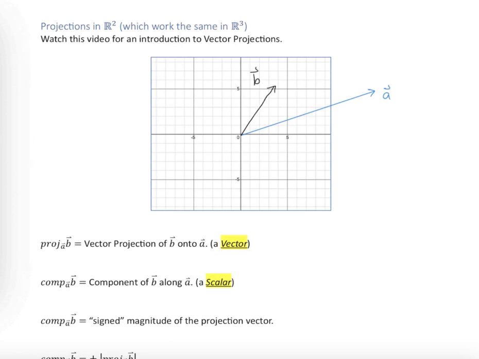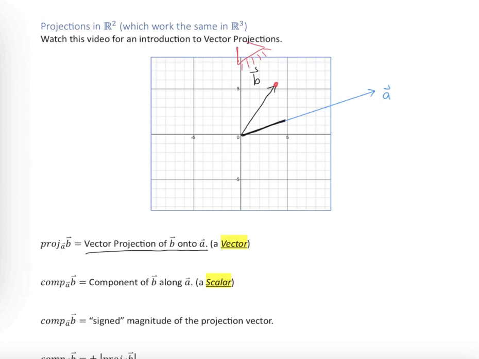In order to determine the vector projection of B onto A, we're going to envision a light shining down onto the terminal point, the tip of the vector B, and it's going to cast a shadow down onto vector A. The shadow that is being cast is the projection vector.